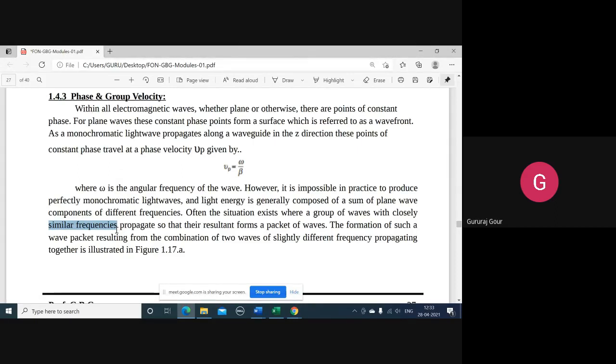Now if you take 10 wave components, each with its own frequency, slightly different, with a sub-difference like 0.1 or 0.05, and if you take the average, you will get the same frequency across, meaning similar, not exactly the same but similar. That will let us achieve the theoretical single wavelength light, that is, monochromatic light.